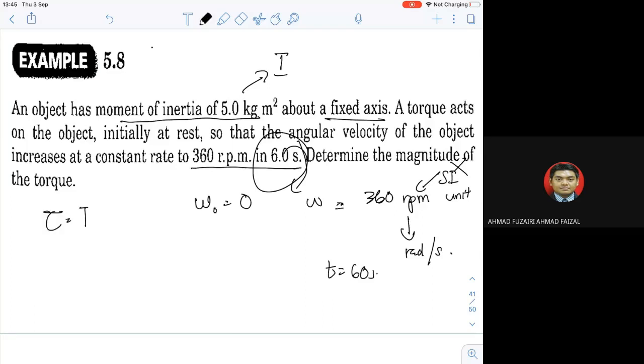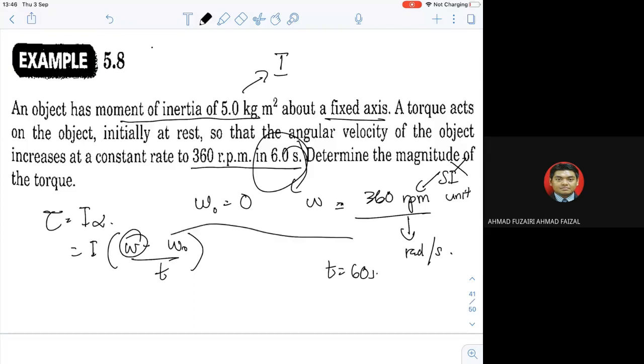You know torque is equivalent to I alpha. So what is alpha? Alpha equals omega minus omega naught over t. You need to find omega by converting 360 RPM and putting it here.